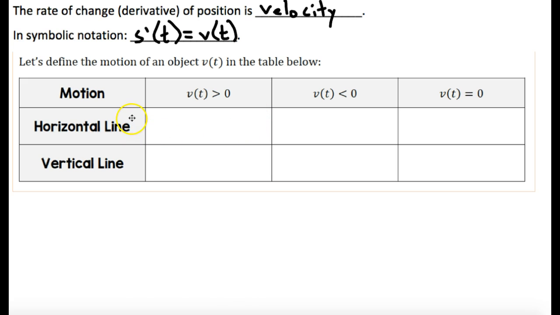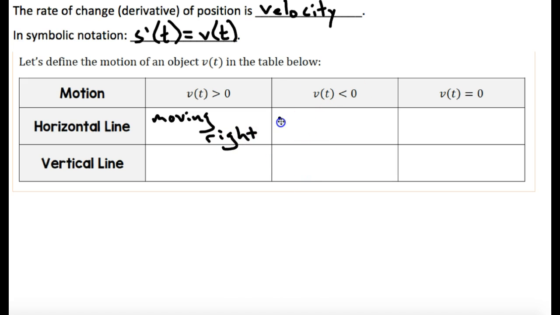Now, we talked about this a little bit today when we did our position graphs. Whenever my velocity is positive, if we've got something moving in a horizontal line, like what we were doing today, moving back and forth, that means I am moving to the right.